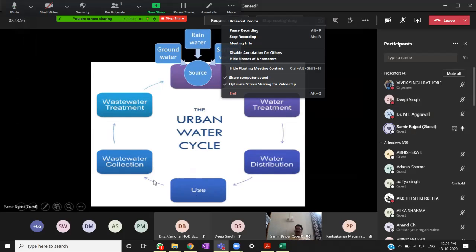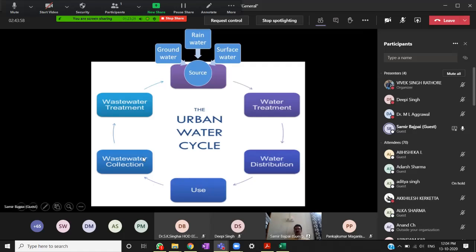Then we use it and we generate what is known as wastewater. This water is wastewater because it can't be used for the same purpose again. And then again, we are mixing the wastewater originating from toilets, where our human excreta is mixed with water, which is very objectionable. But other water which is coming from the kitchen, from wash basins, from washing clothes, which does not have human excreta in it, is known as grey water.